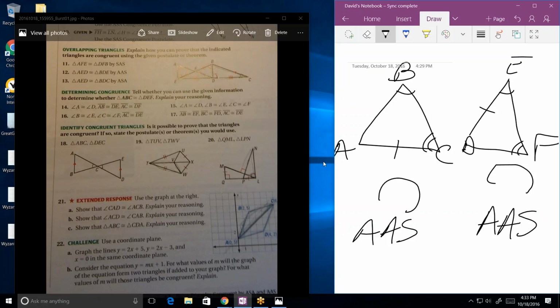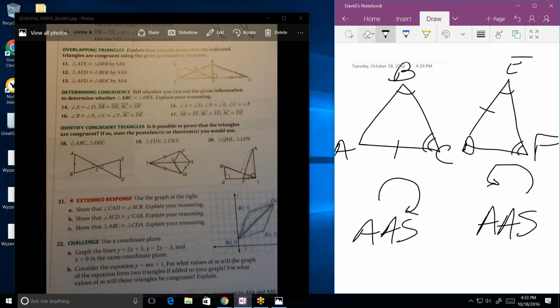And that does not prove congruency. But you could just go side, angle, angle, and there's the same thing. Correct, if you go the same direction. But it doesn't matter if you go the same direction and you get angle, angle, side, and side, angle, angle, they're the same thing. So yes, I think it does prove congruency.